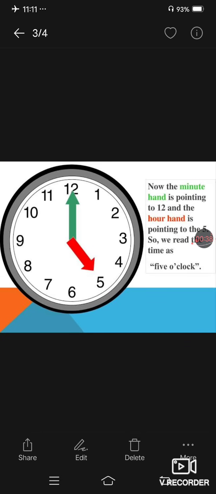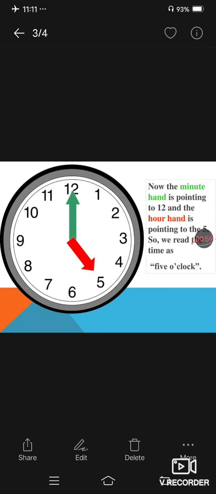By looking at the clock only. By looking at the clock, you can find that this is the time to go to school or the time to watch your favorite cartoon.